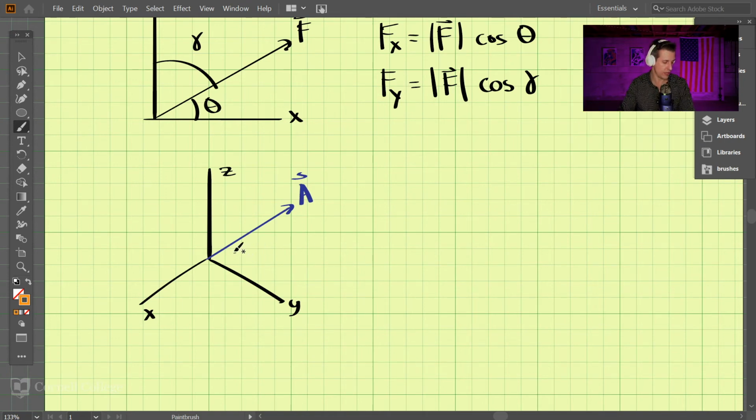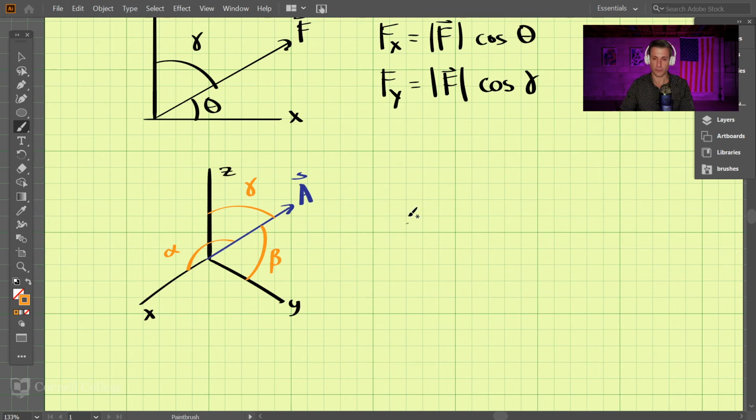So we can call the angle between A and the x-axis alpha. The angle between A and the y-axis we'll call beta. And lastly, the angle between A and the z-axis here we'll call gamma.